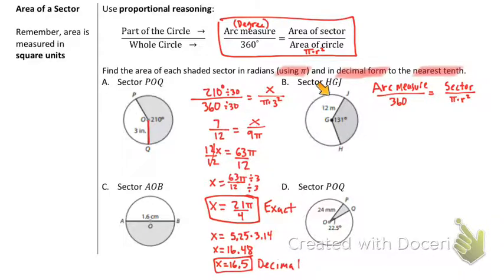So we're trying to find the HGJ, so the shaded part. Our arc measure is in degrees, so we have 131 degrees over 360. Our sector is what we're trying to find, so we'll put it as X. My radius in this example is 12, so I'm going to plug in 12 for r.